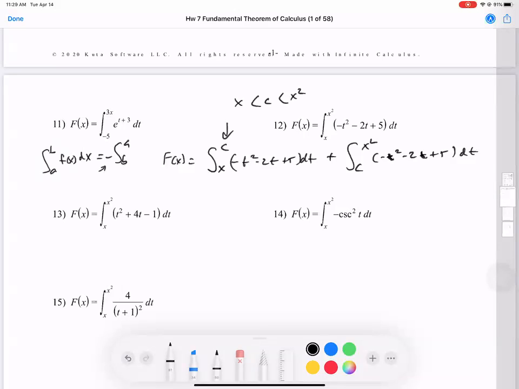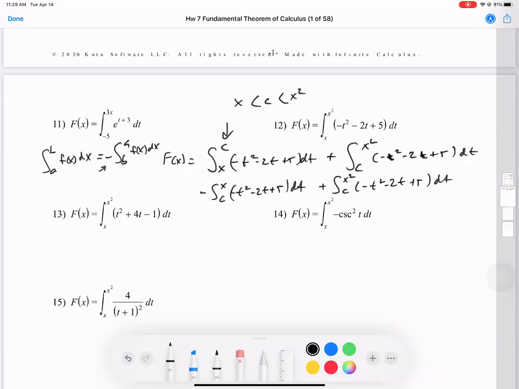Just with a simple negative sign, you can flip your a and b values. So we're going to flip it with a negative sign: negative integral from c to x of negative t squared minus 2t plus 5 dt, plus integral from c to x squared of negative t squared minus 2t plus 5.